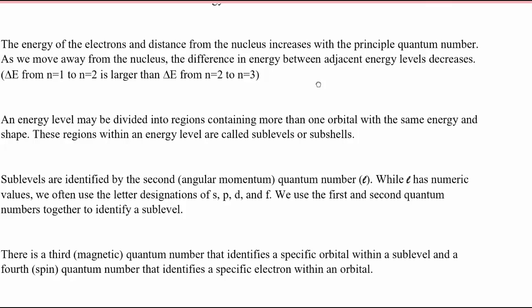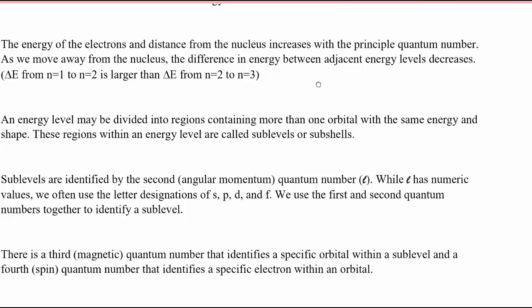Okay, so the third quantum number, which is called the magnetic quantum number, identifies a specific orbital within a sublevel. So what we're going to see is that there are some types of orbitals, the P and the D and the F, that you can have more than one of those shaped orbitals in a sublevel.